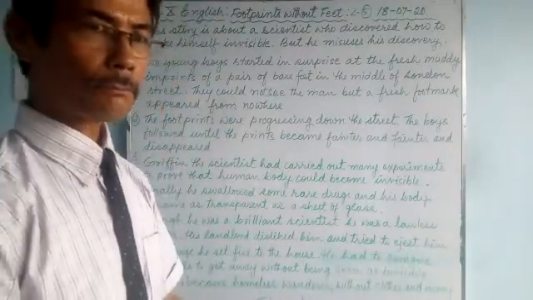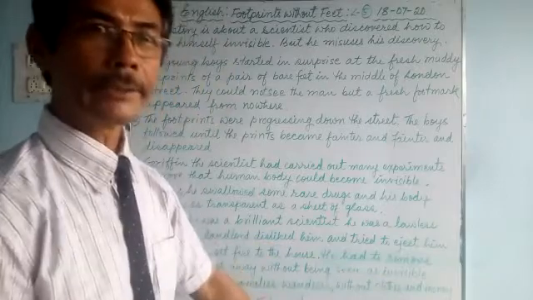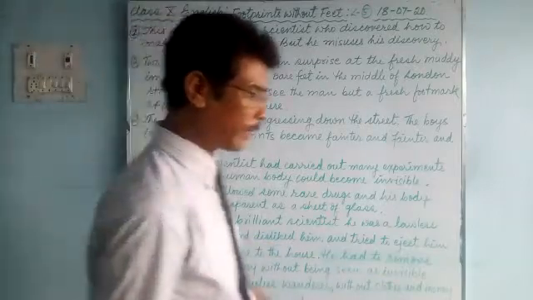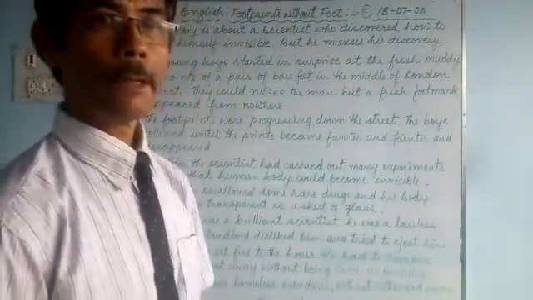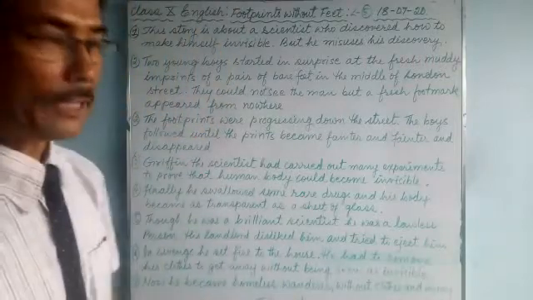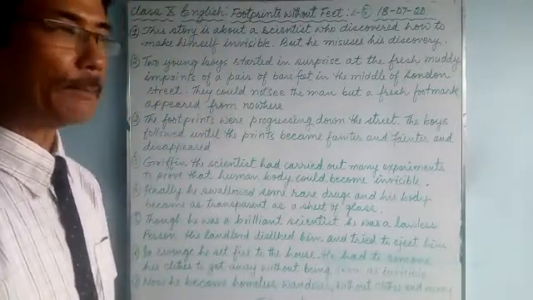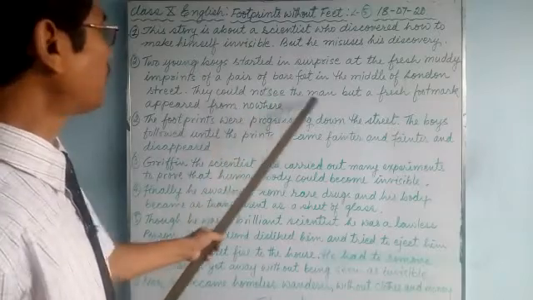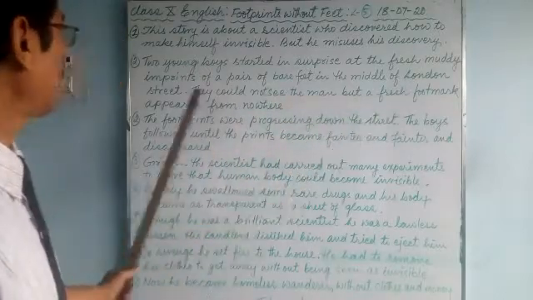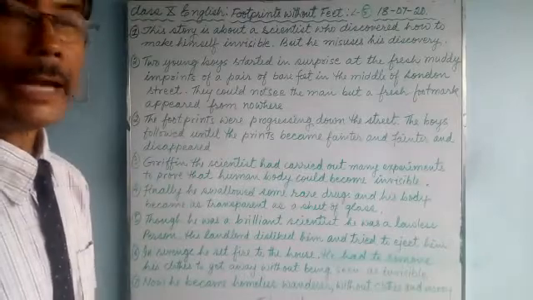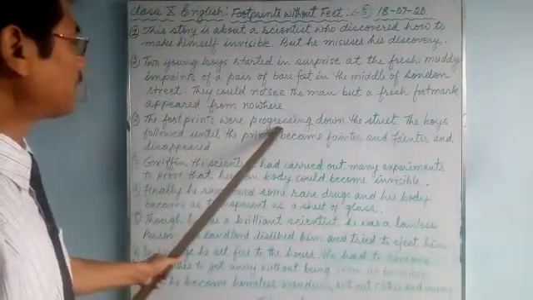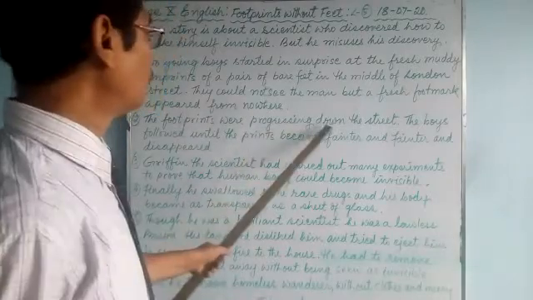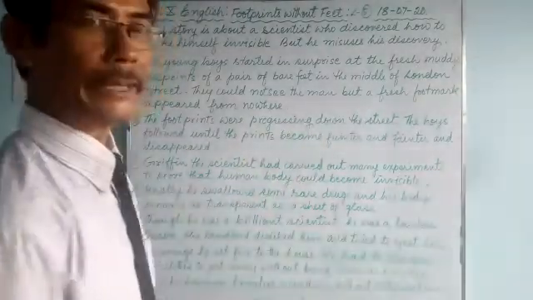Means there was a puddle of water, and somebody had stepped on the water, and they could see the footprints made by the invisible person of bare feet. Bare means empty, without shoes and slippers. So they could not see the man, but a fresh footmark appeared from nowhere, and it was progressing further. Progression means moving down the street, going ahead.